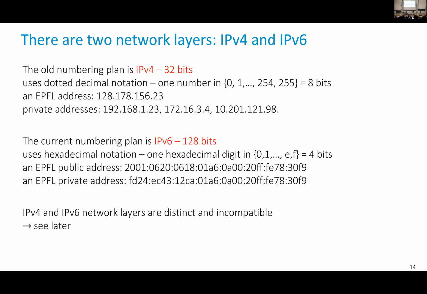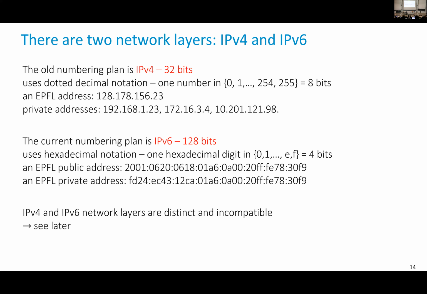Because of that, there is a new numbering plan, which uses much larger addresses, 128 bits. The Google name servers, like 8.8.8.8, are very nice in IPv4. In IPv6, here are 2 examples of IPv6 addresses. You see they are very, very long, because that's 128 bits. We write them as sequences of hexadecimal digits, right?